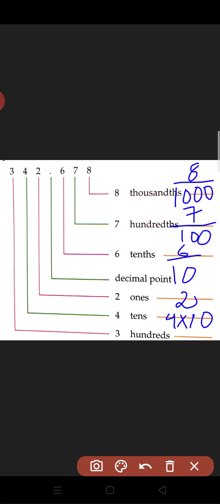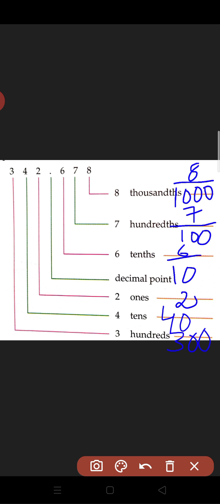Next, 3 is at the hundreds place. Now the place value is 300. Here also we will write 40 directly instead of 4 into 10. So the place value of 4 is 40 and the place value of 3 is 300 here.